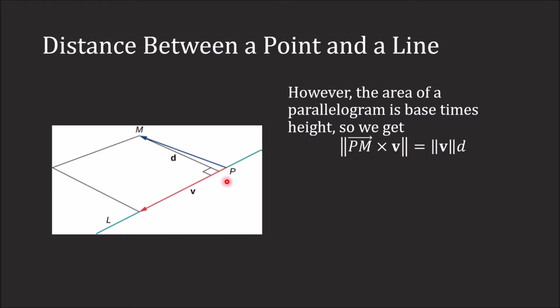That is, the magnitude of PM cross V is the magnitude of V times D. And D is our value in question. It represents the distance from the point to the line. All we have to do is solve for D, and we have our formula.